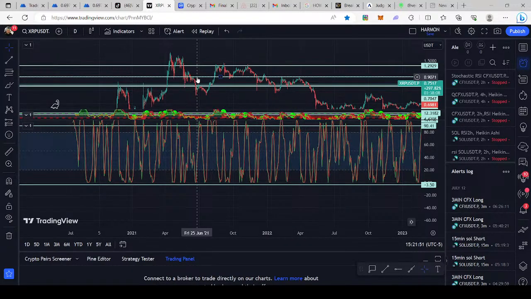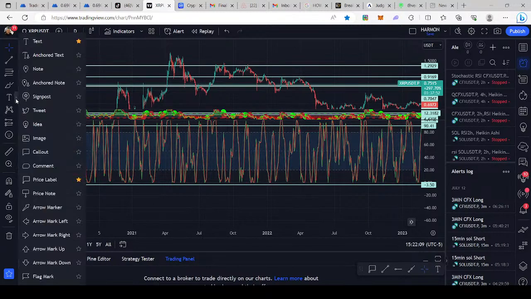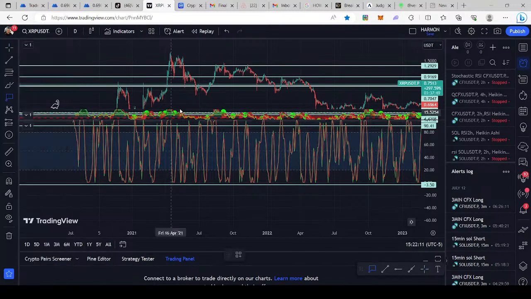You guys see that? If you guys knew how to read a chart, support and resistance, you would have known that XRP's top level is $1.30. The secondary level, which is your main target, is 90. Let me show you. I put a little price tag on there, right? This price label is 92 cents. You guys see that?